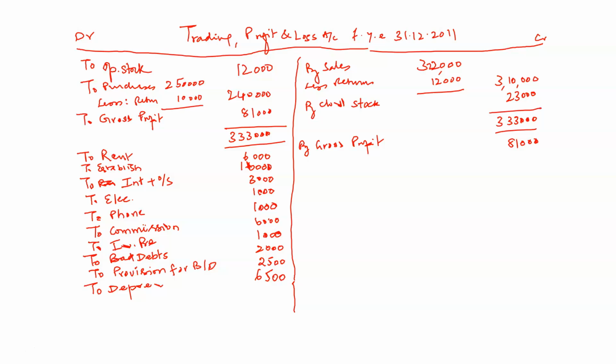So almost all items have been given effect. So now close the ledger. Find out the balance.